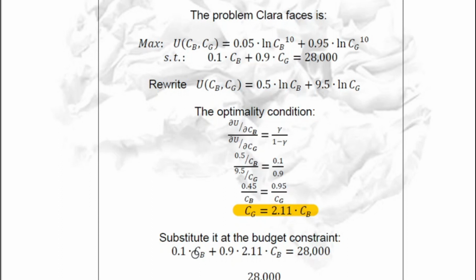So we substitute it at the budget constraint, and we have 0.1 CB plus 0.9 times CG, and substituting this, equal to 28,000.